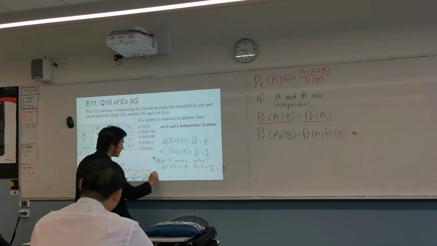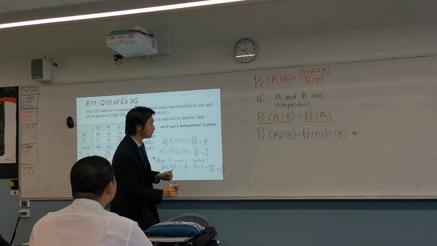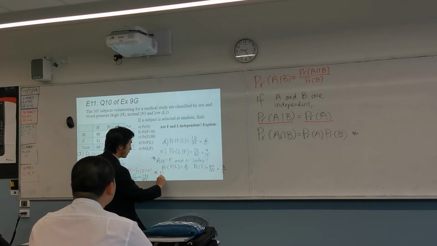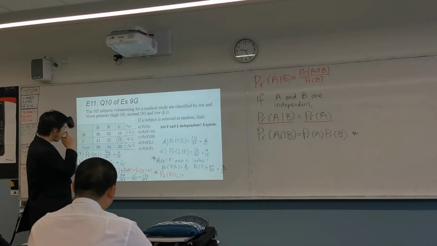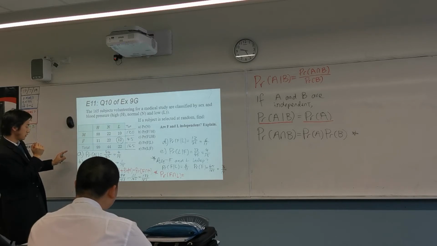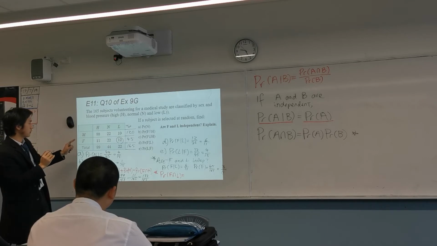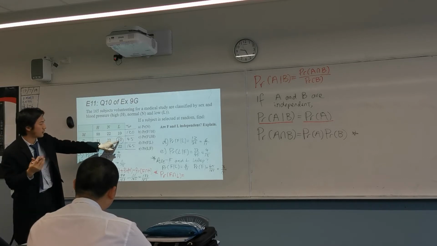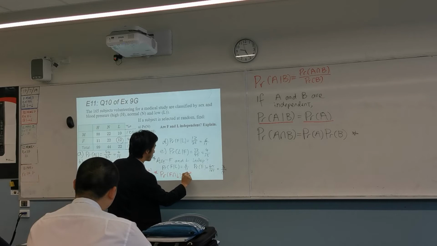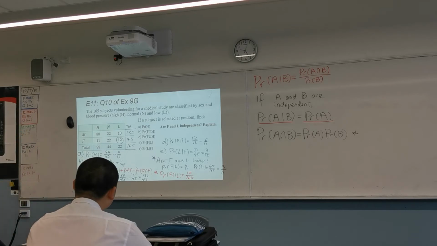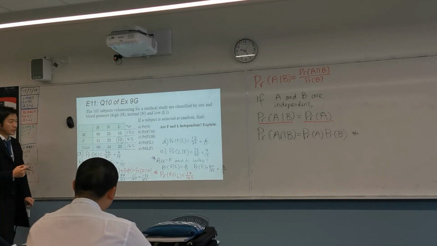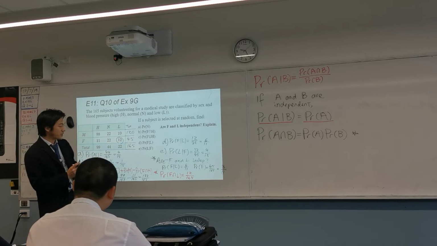The other way to do it is to use that next formula. So if you know the probability of the intersection, F and L, have we already figured that out? No, we didn't. So let's do it anyway. That's 12 out of 165. The probability of choosing someone that's both female and has low blood pressure would be the 12 people out of 165.